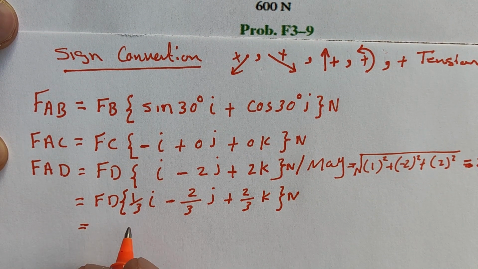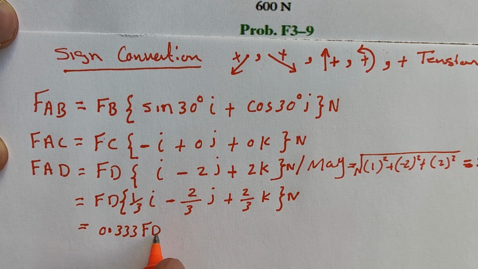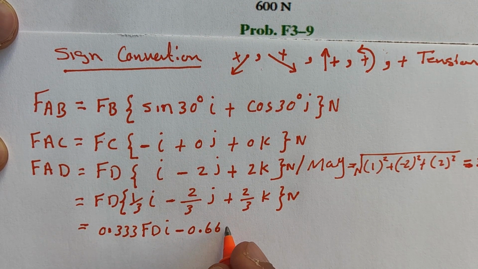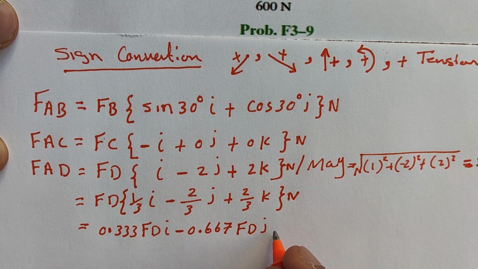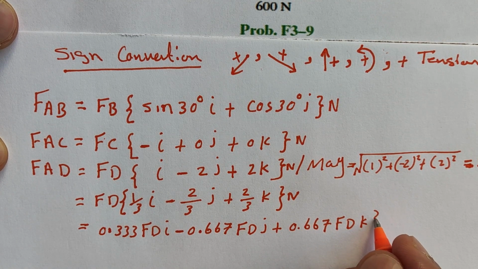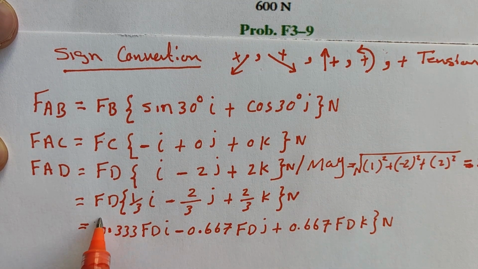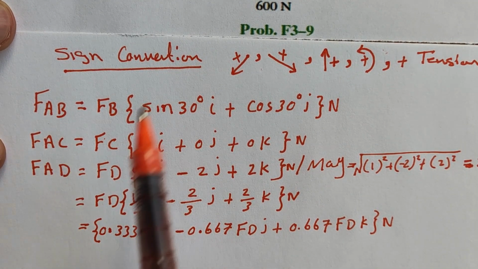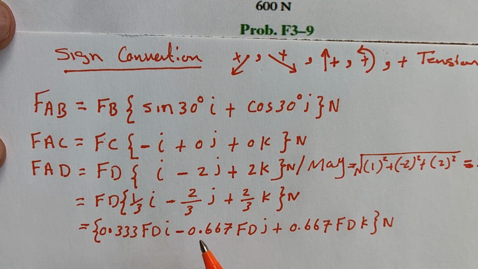If you simplify it further, this will be 0.333 FD i minus 0.667 FD j plus 0.667 FD k, again in Newtons.